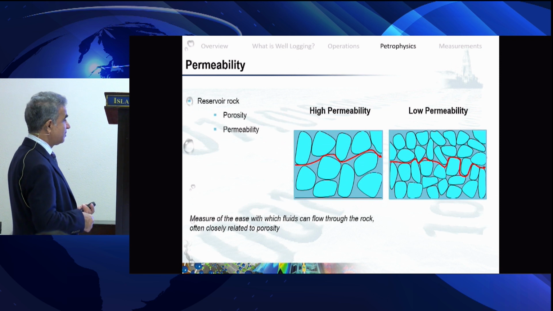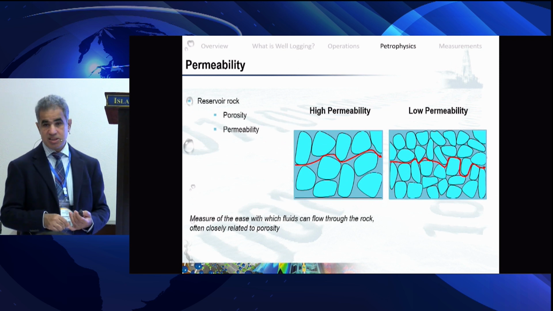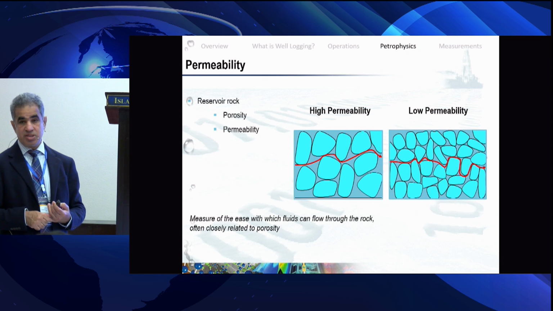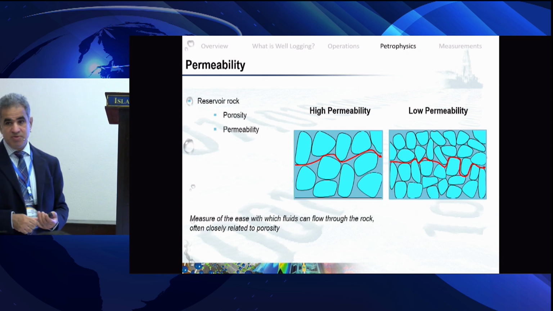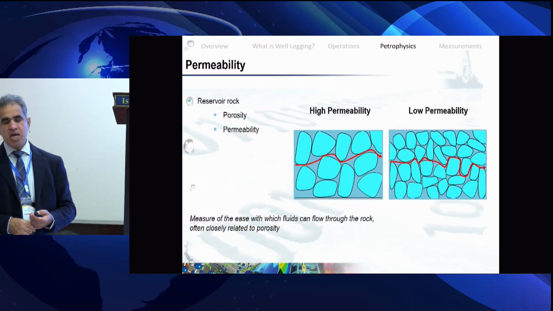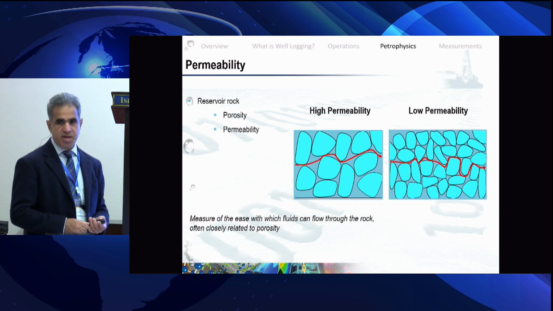If it is smaller, zigzag, tortuous, then the permeability will be low and the fluid has difficulty moving. So permeability is also very important, along with pore space. It is a measure of the ease with which fluids can flow through the rock, often closely related to porosity. Sometimes not. In fractured reservoirs, the porosity will be very low but permeability very high. But otherwise, porosity and permeability have a good relationship.